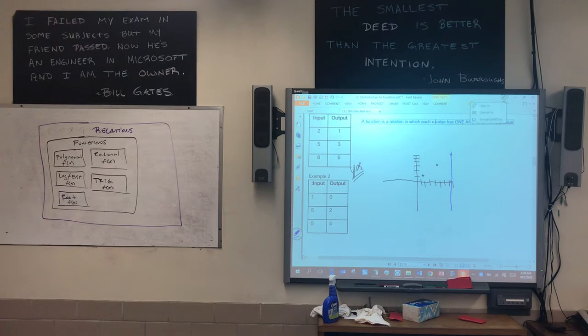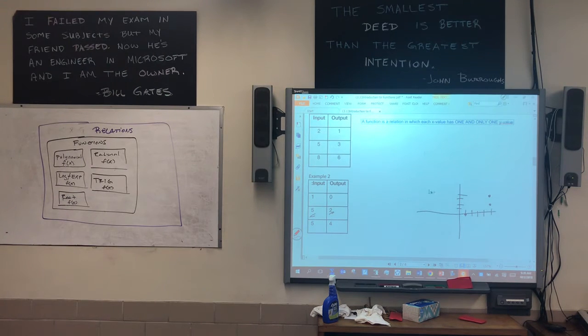Down here in example 2, do we satisfy the definition? No. At that x value of 5, we get an output of 2, and then here we get an output of 4. Graphically, what that's going to look like, we have a point here at 5, 2, and one here at 5, 4.